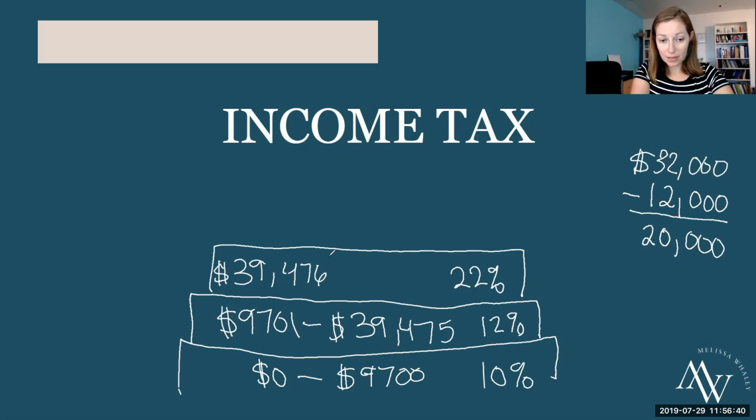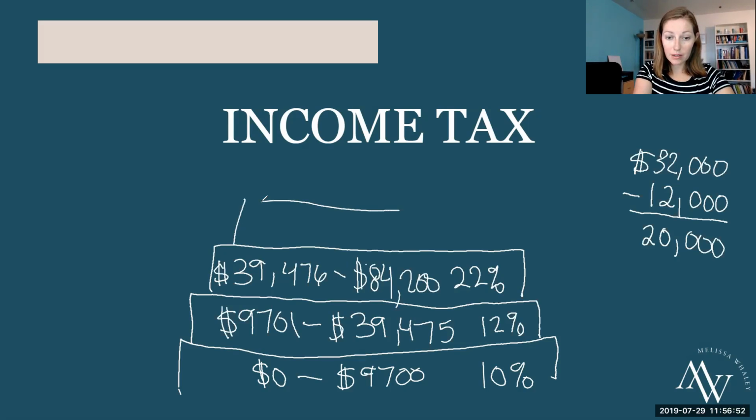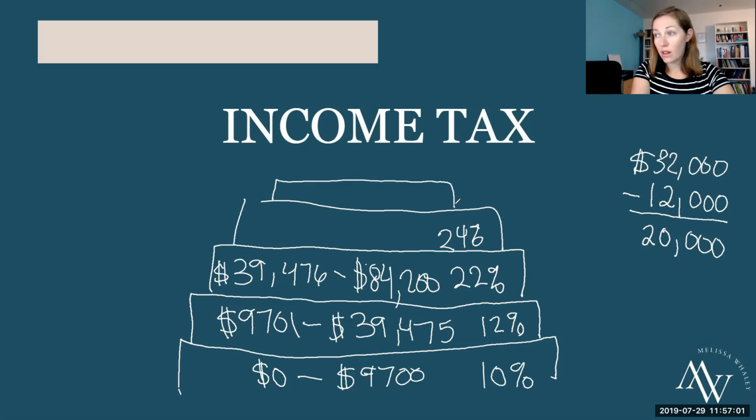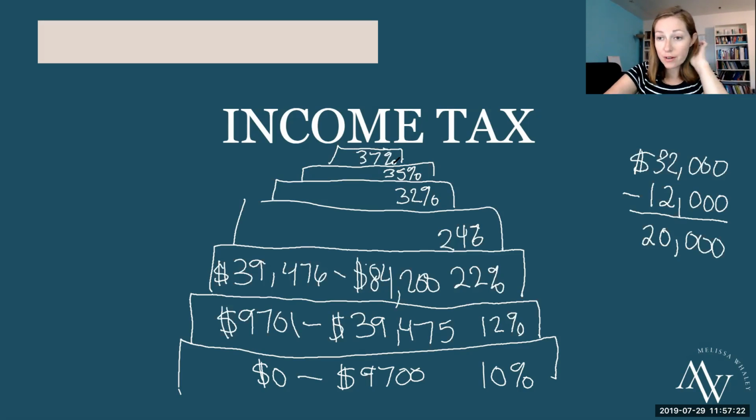That's through $84,200. Then we keep going up. We've got 24%, 32%, I'm running out of room, 35%, and the top is 37%. Okay, this is just the federal layers.